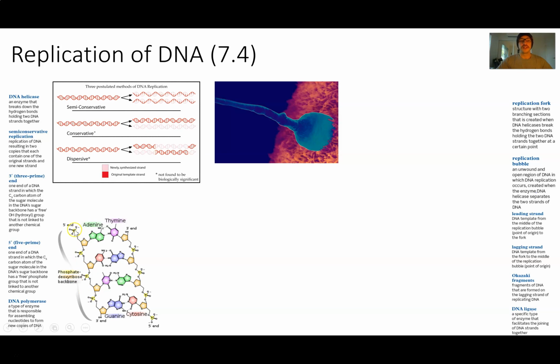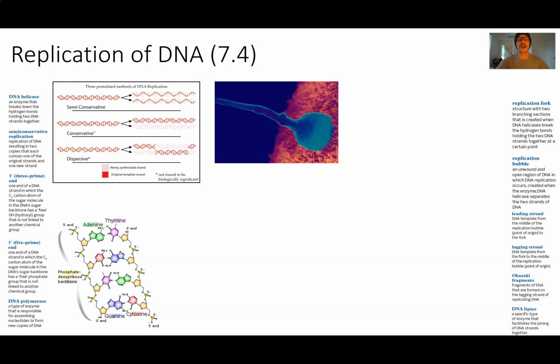You can also see that there are labels to this sugar phosphate backbone. We have what's called the 5' end and the 3' end. The backbone of DNA is parallel because they face each other, but they are actually what's called anti-parallel, and it means that though they are facing each other, they're running in opposite directions.